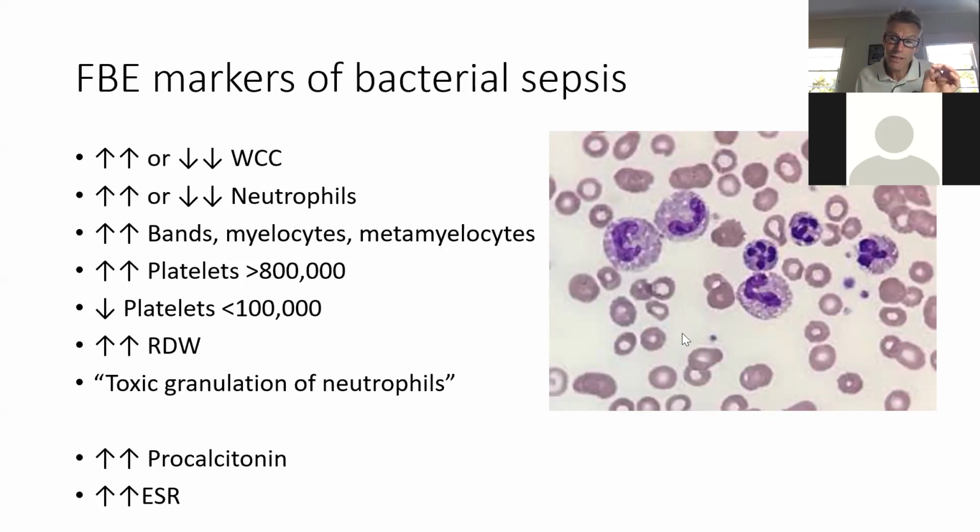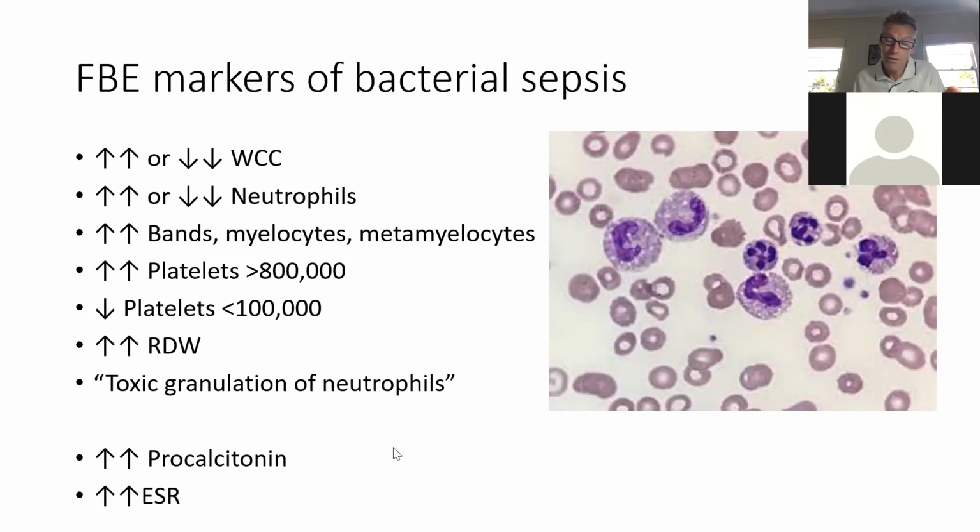These granules are just lysosomes that the neutrophils are producing to release enzymes and cytokines that might break down, that might kill bacteria. And so you can sometimes look at the blood film and see that this looks like a very toxic blood film, and that's highly suggestive of a bacterial infection.